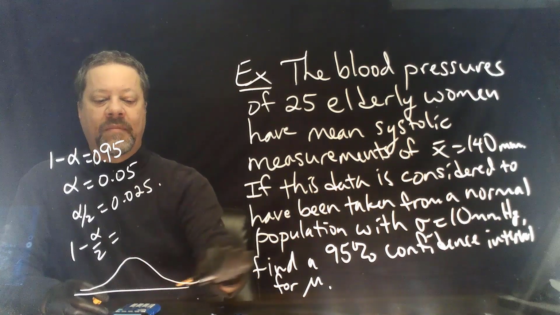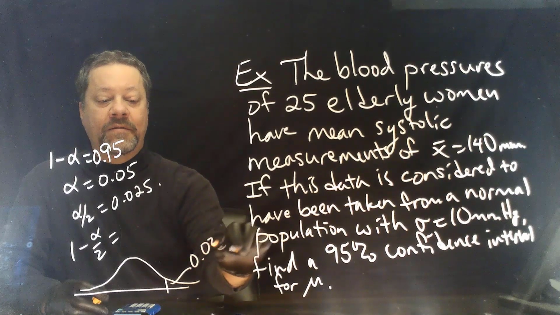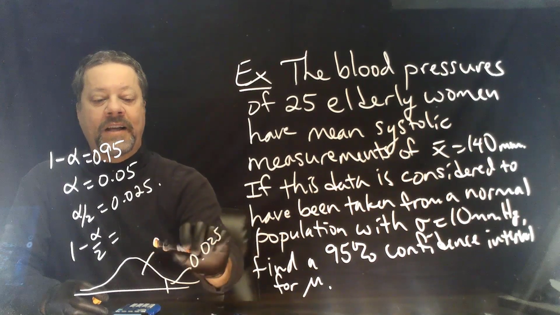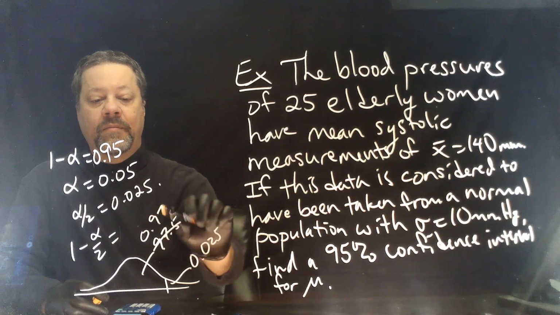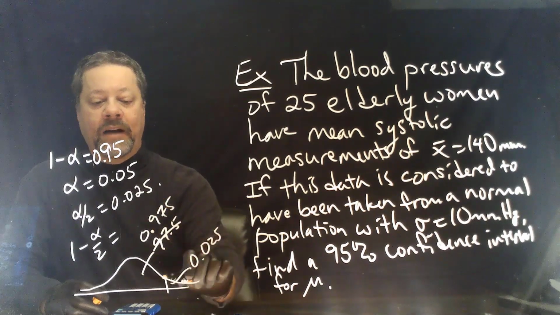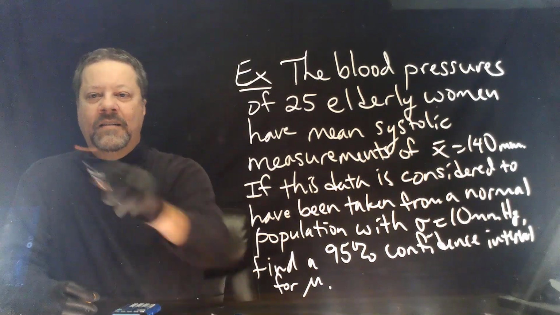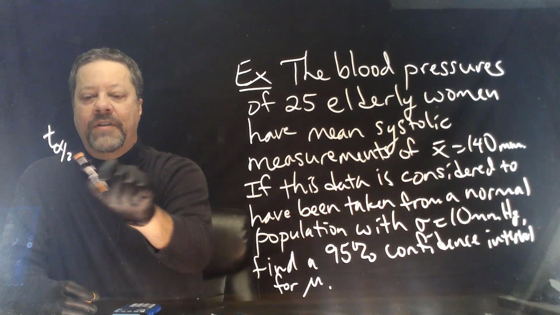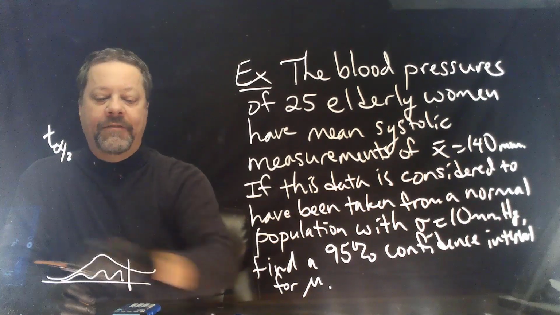Again, if you have 2.5% over here, then you must have 97.5% over here, or an area of 0.975. The inverse T function only gives you areas from here all the way to negative infinity.